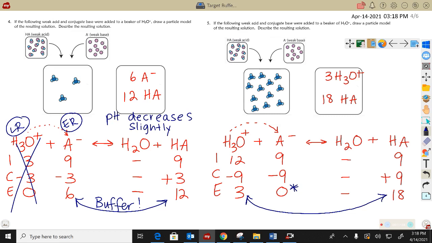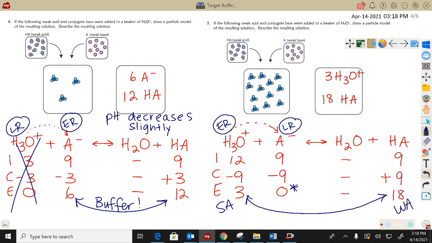But now we went beyond the capacity of the buffer, and that A minus became my limiting reactant. That guy's gone. And instead, that strong acid is my excess. This is excess strong acid. The other particle that's in the solution is the HA, the weak acid. We obviously don't have the buffer anymore because I don't have any more of the A minus.